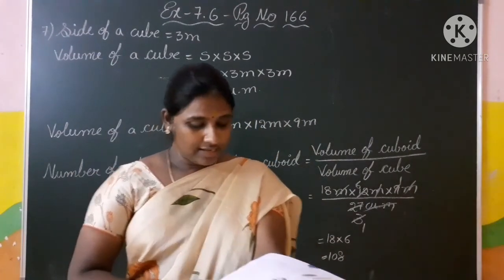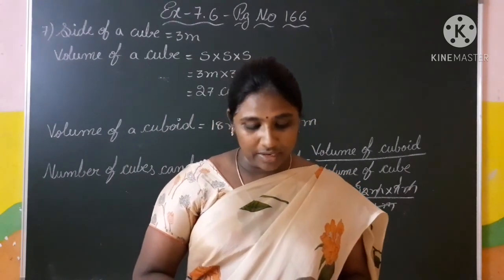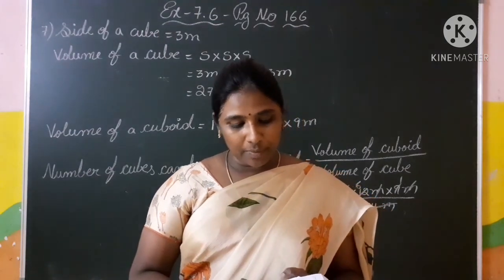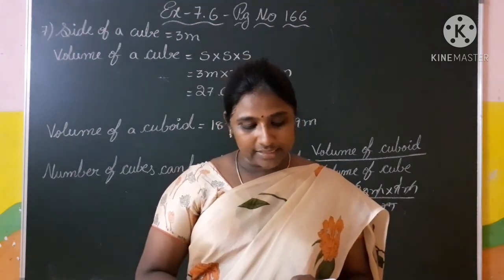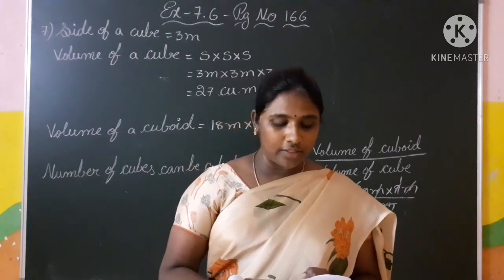Next one: a rectangular wall is 27 meters long, 60 centimeters thick and 4 meters high. If cube shaped bricks of side 30 centimeters each are used, how many bricks will be required to build the wall?